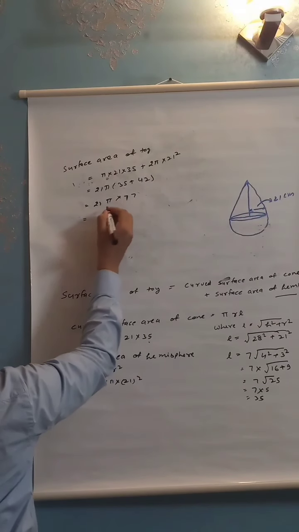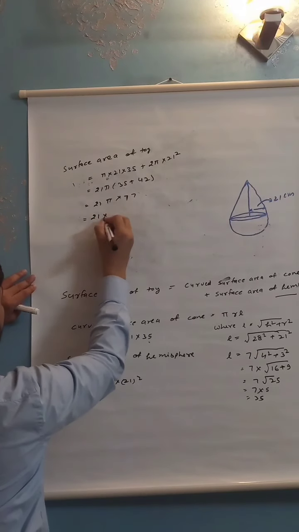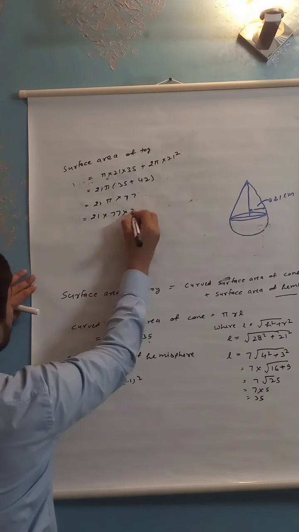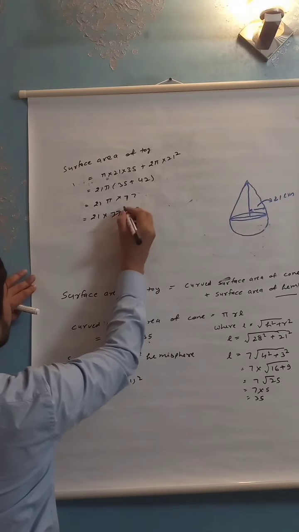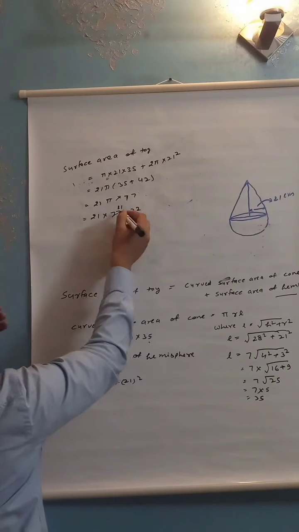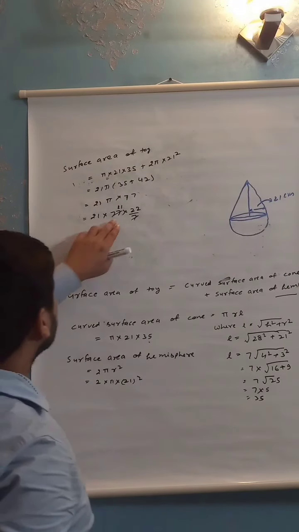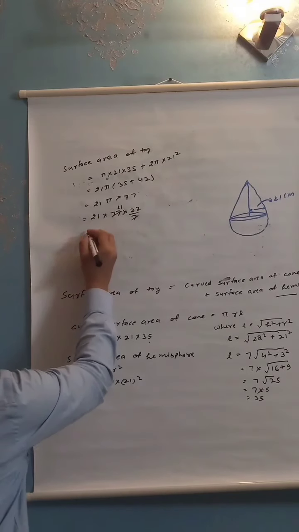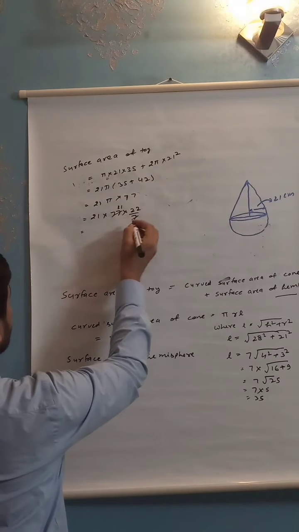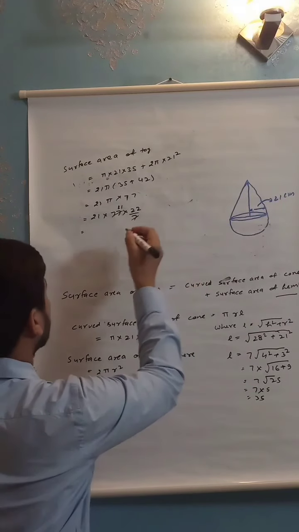Now we can write pi equal to 22 by 7. 21 into 77 into 22 by 7. It can be cancelled out, and here 7 elevens are 77. Now multiply all these to find the surface area of toy.